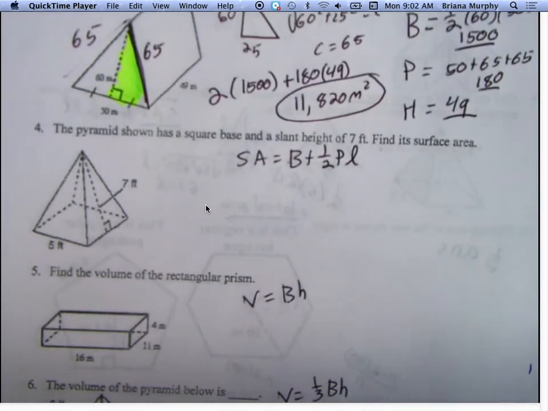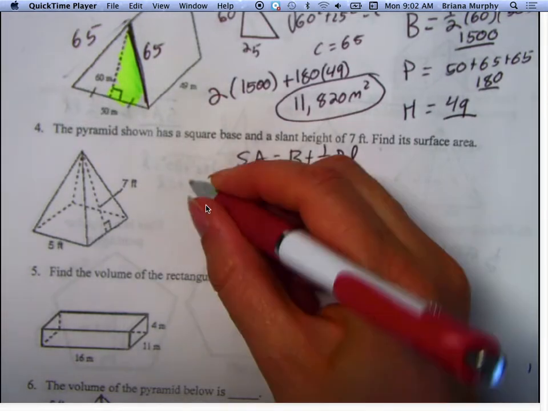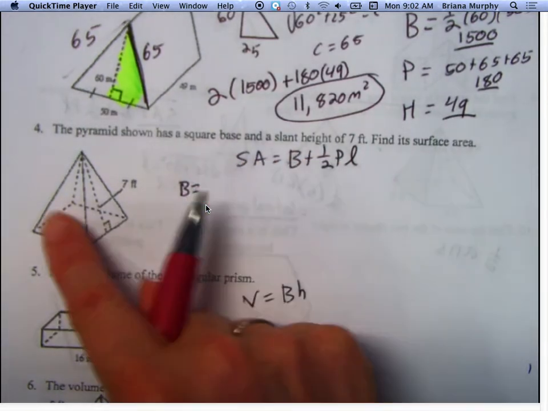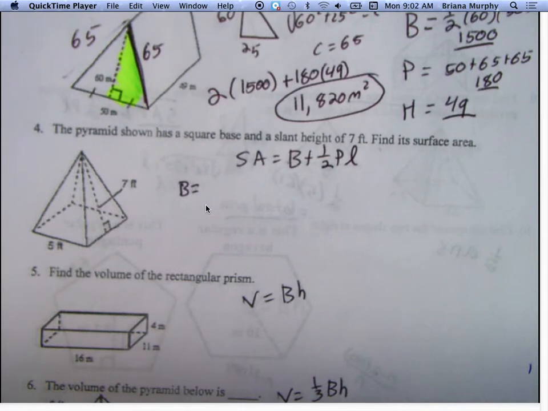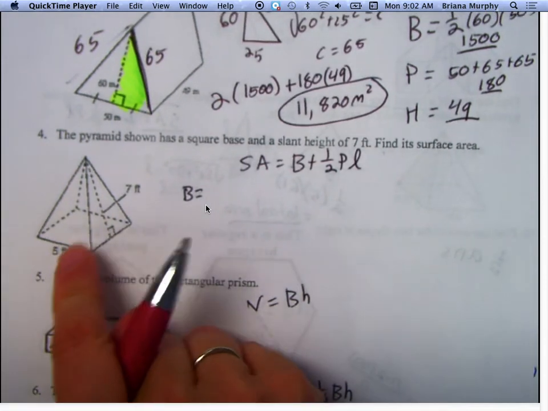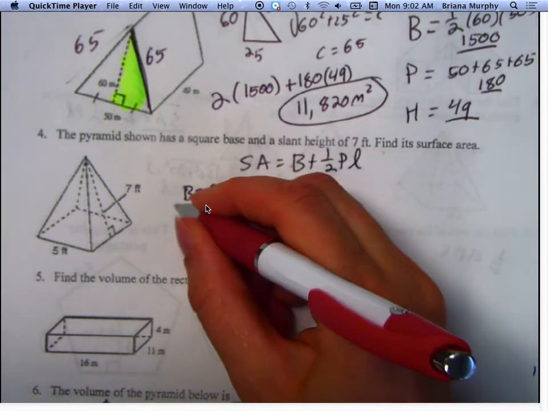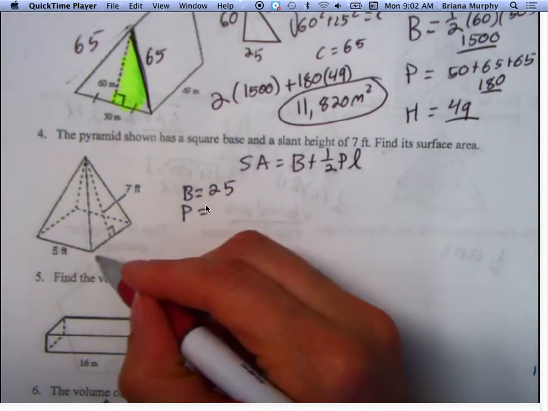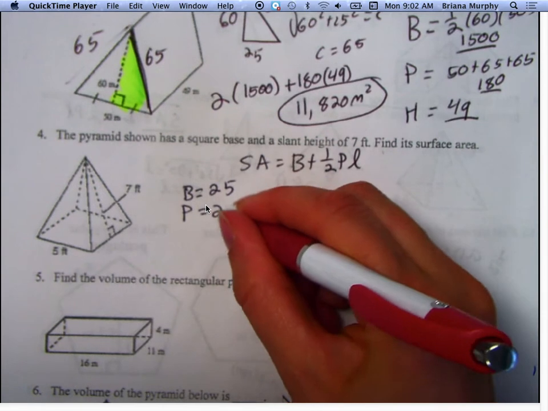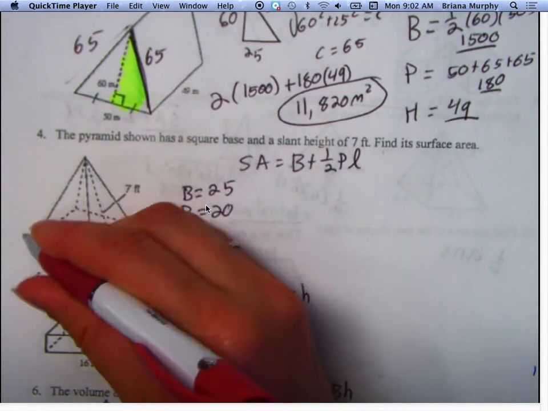Okay, we're looking at number 4. What is the area of the base for this pyramid? 5 times 5 is 25. What's the perimeter of this base? 20, because I walk all the way around: 5 plus 5 plus 5 plus 5.